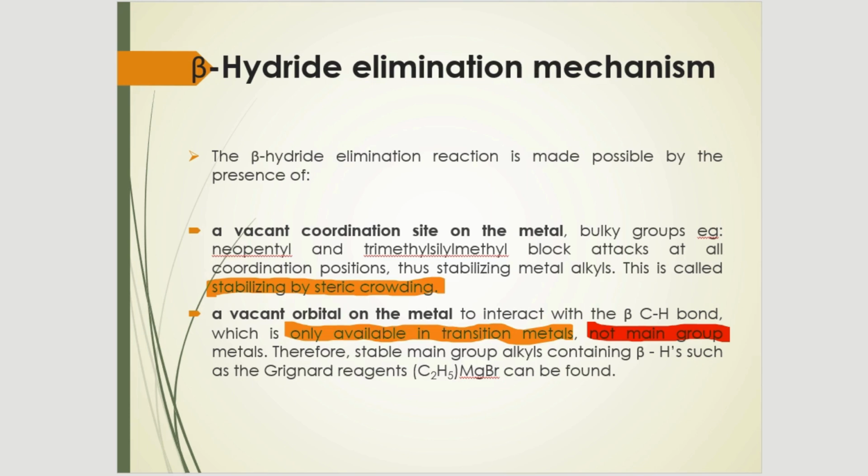And the second one is a vacant orbital on the metal to interact with the beta carbon-hydrogen bond.